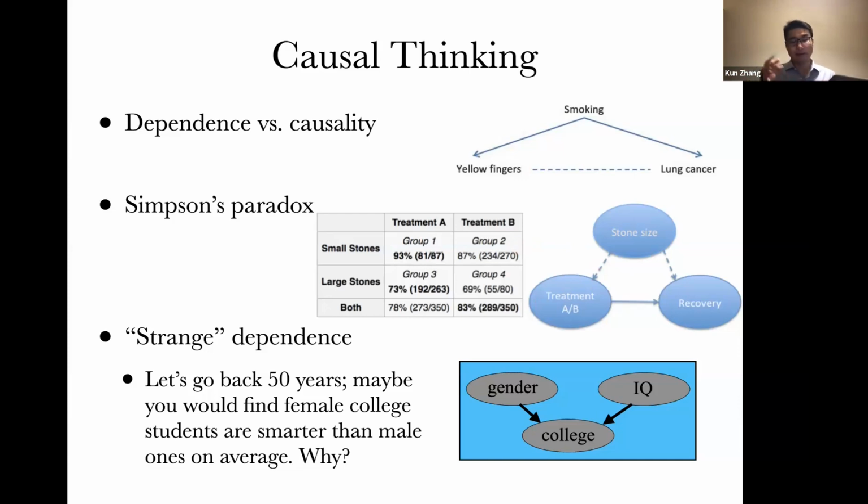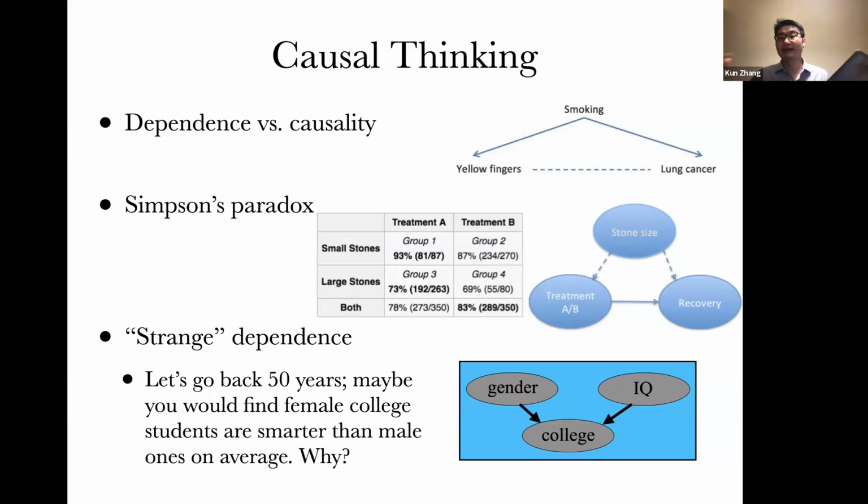So basically, whenever we make a recommendation, since you have a purpose, you care about the causality in order to achieve that goal. The third one is also derived from a real data set. Let's go back, say, 50 years. Then maybe you would find that female college students were smarter than male students on average.